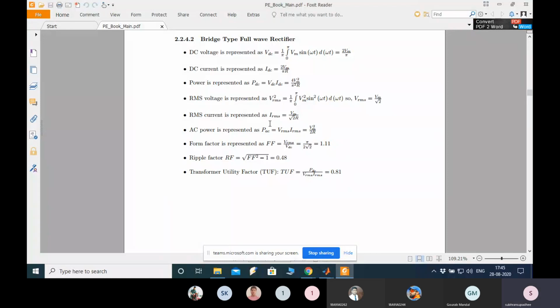That is, numerically speaking, PDC divided by VRMS into IRMS. Provided the voltage and current values, all of you can calculate PDC, VRMS, IRMS, and easily find out the transformer utility factor. This is only valid for a rectifier utilizing a transformer.